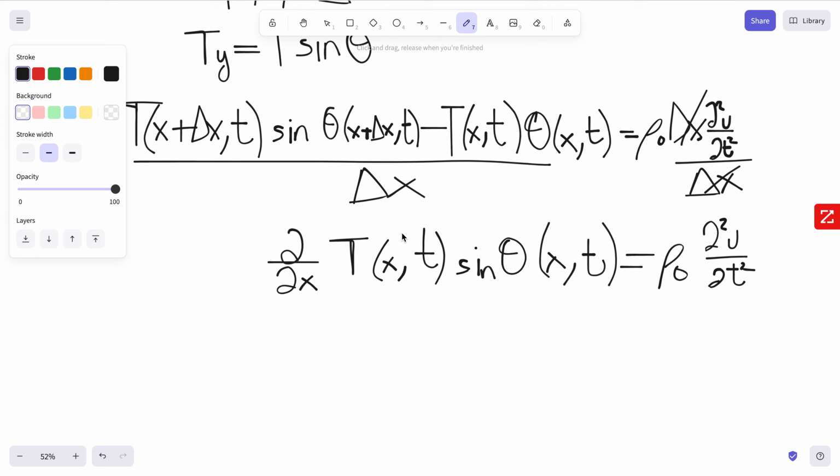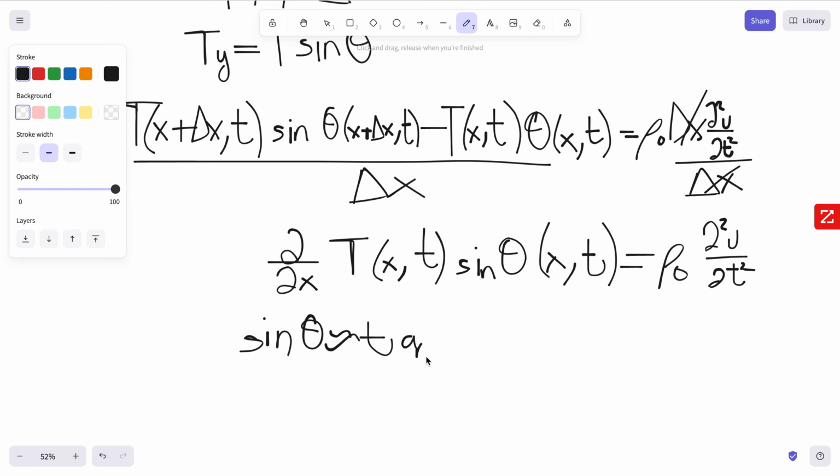And now what we can do is we'll use a trigonometric approximation called the small angle approximation, where sine theta at very small angles is approximately equal to tan theta.